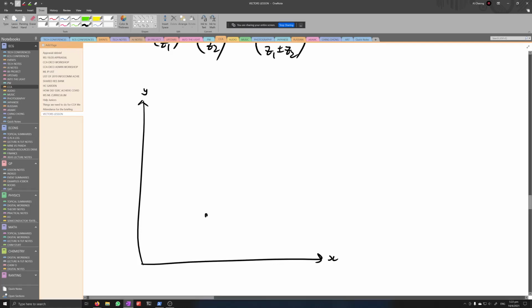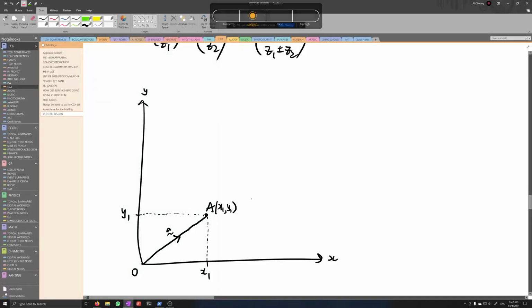I'll just use a smaller point here, A. Then if I have x1, y1, here x1, and here we have y1.